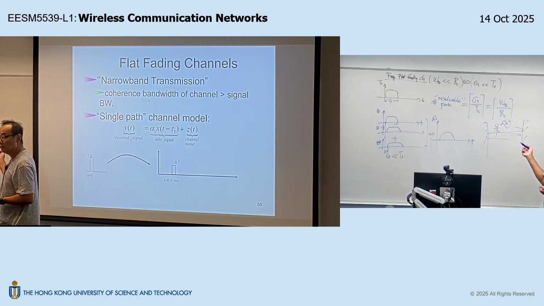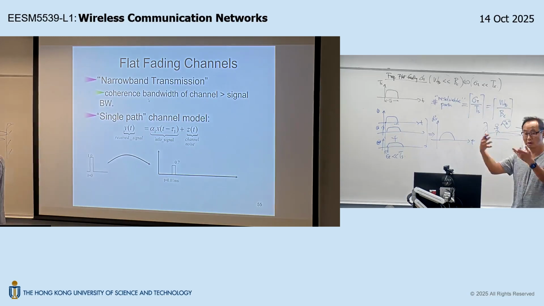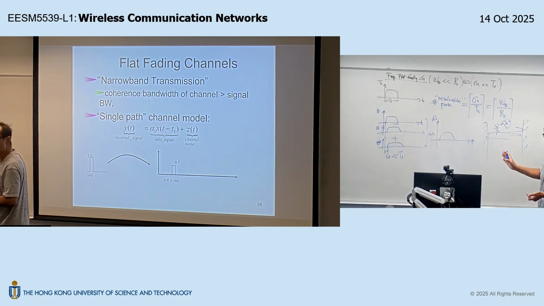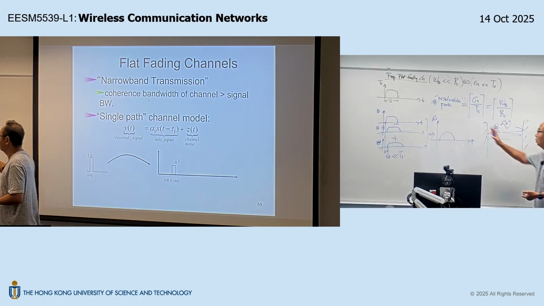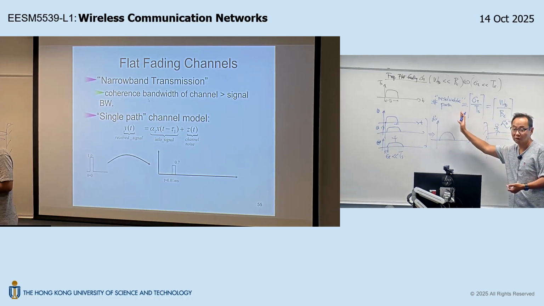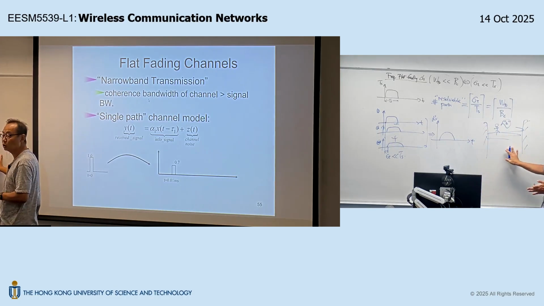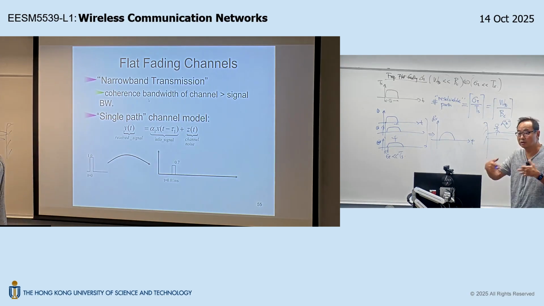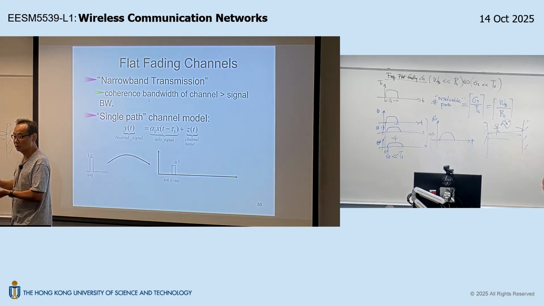So you'll start hearing your voice as A, A, A, A. Can you imagine this? Okay? That corresponds to the case where you have more than one resolvable path, because the delay spread in this case is much larger than your symbol duration. So when you transmit one symbol, you'll perceive 4 distinct symbols at the receiver.